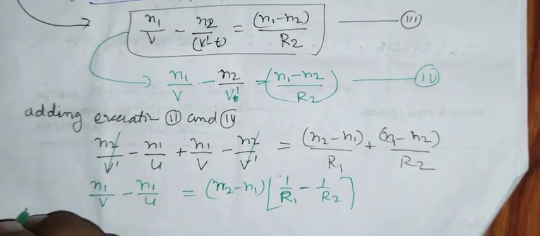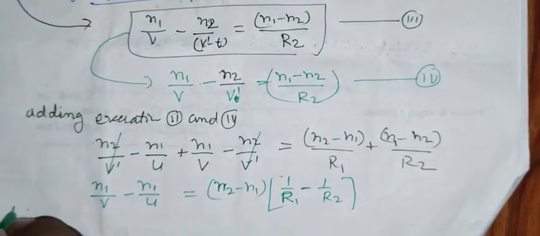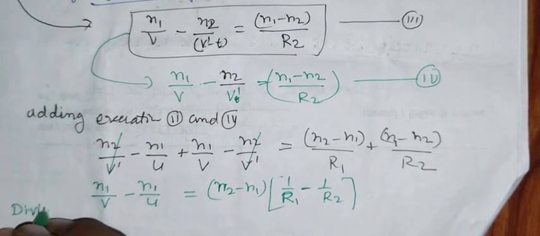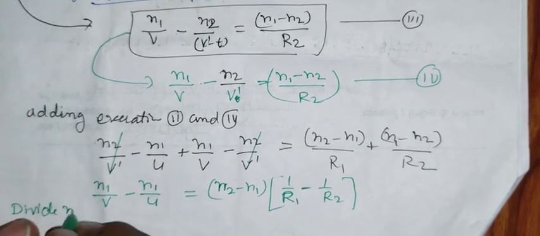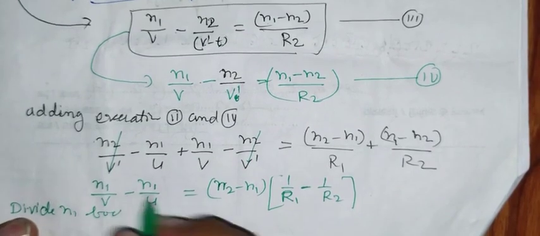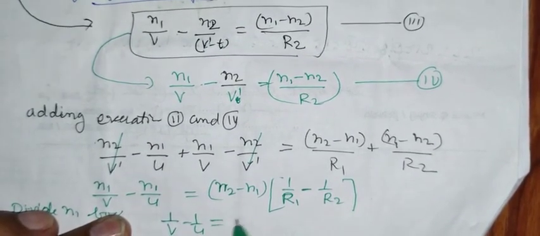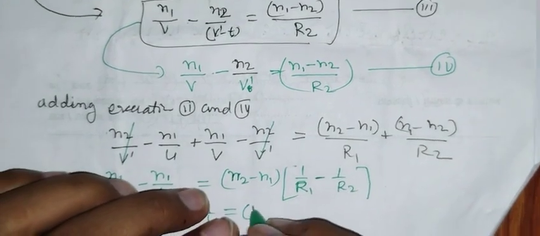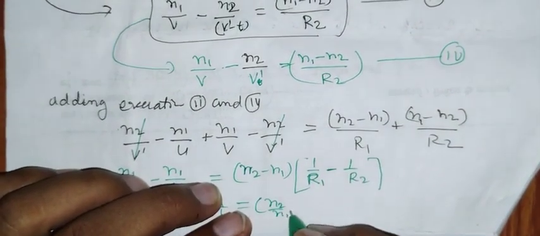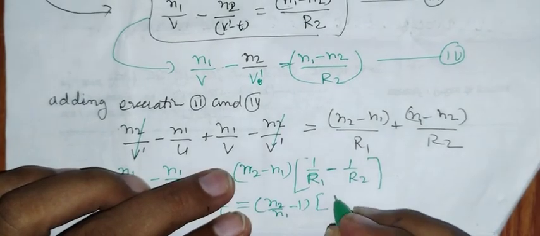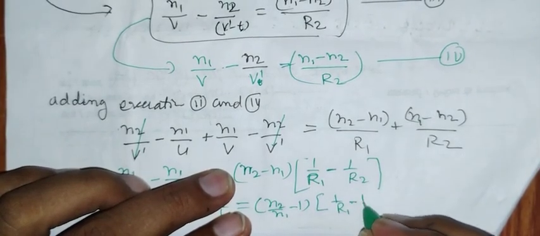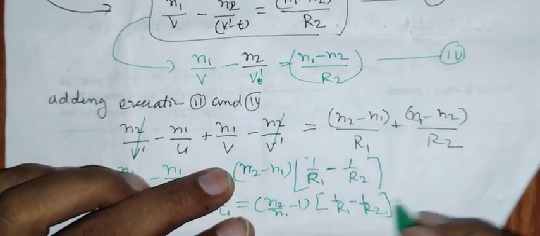Now we are going to divide both sides by n1. Then it becomes 1 by v minus 1 by u is equal to n2 by n1 minus 1, upon 1 by r1 minus 1 by r2.